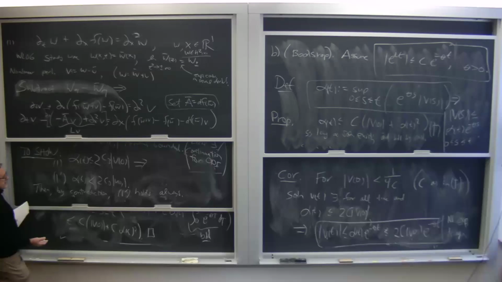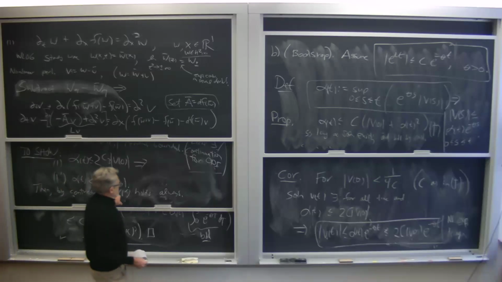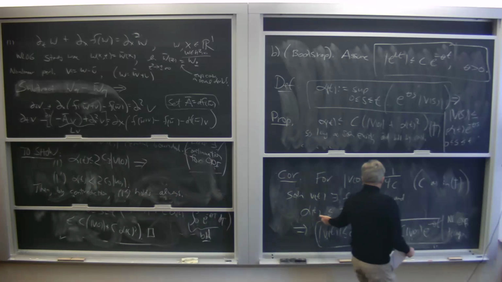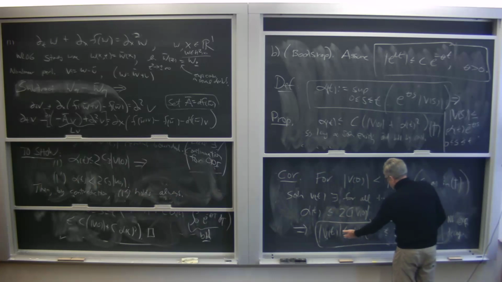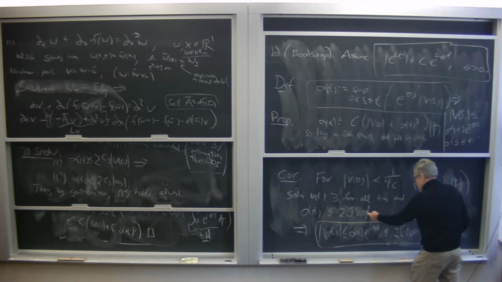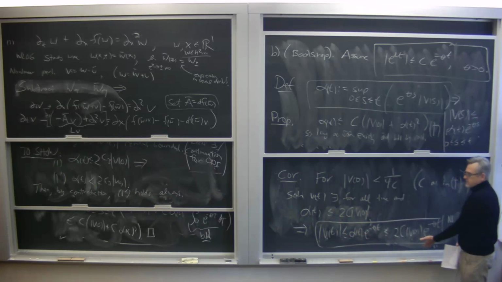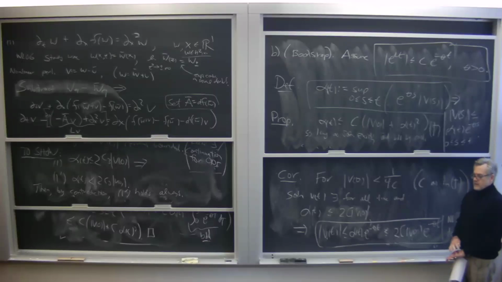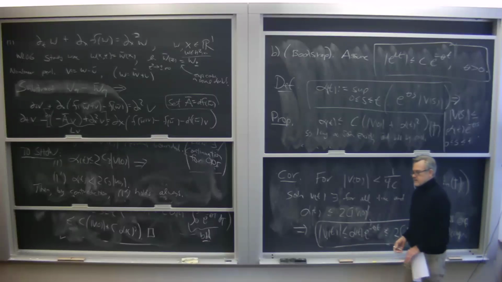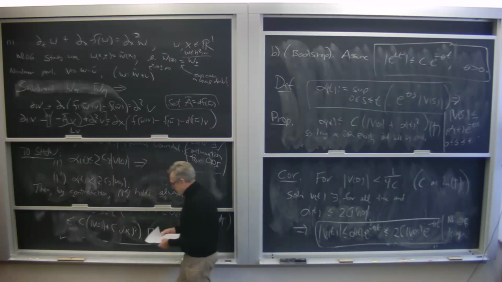I could have put strictly less than, but it doesn't matter. And plugging this in for the definition of alpha, we get this bound. We get exactly the kind of exponential bound we would want. And it's almost no worse than the linear one. It only differs by this factor 2. So we lost almost nothing in this passage from linear to nonlinear.